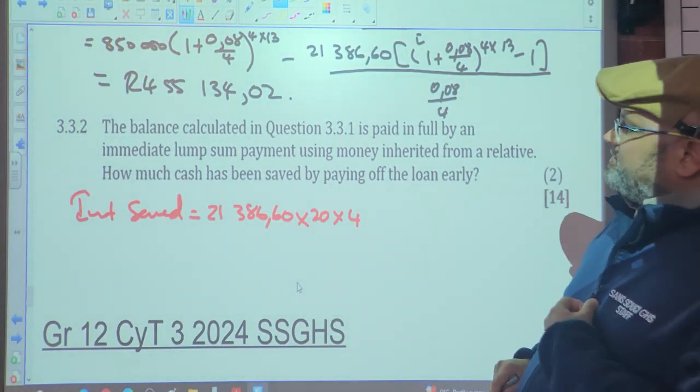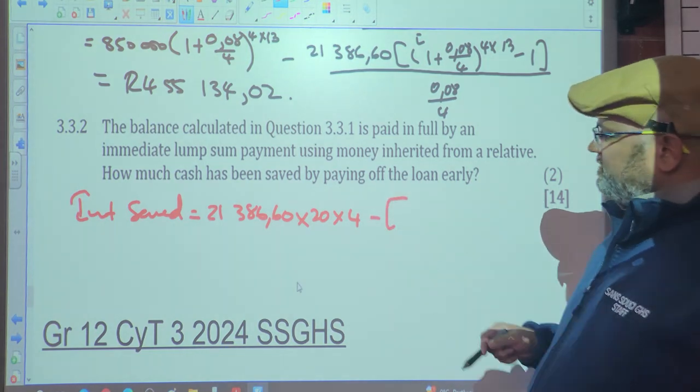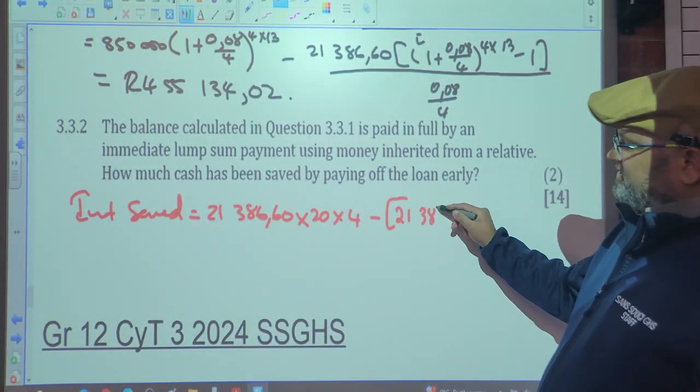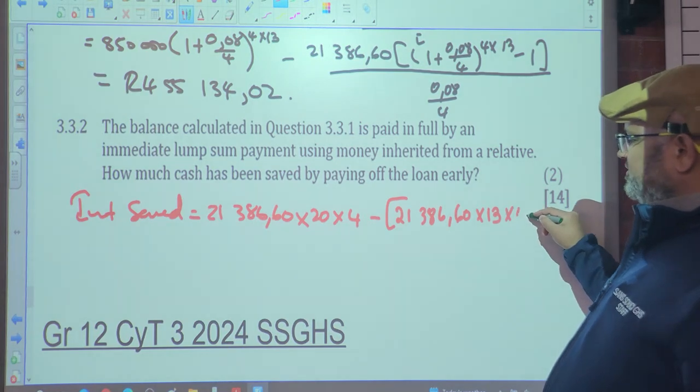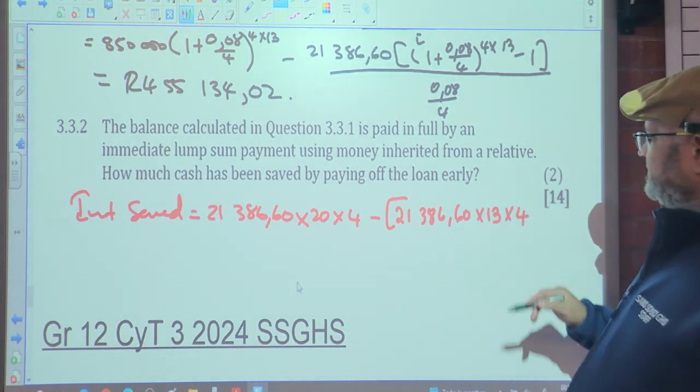No? However, this person paid so far 21,386 rand and 60 cents for 13 years, 4 times a year. Okay, quarterly.